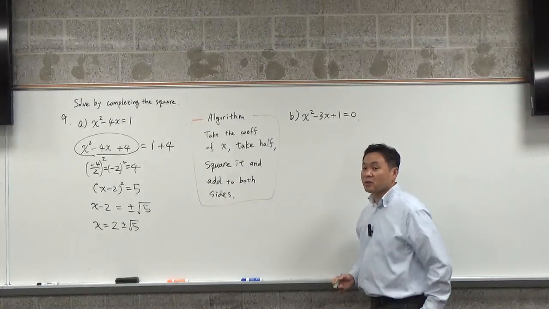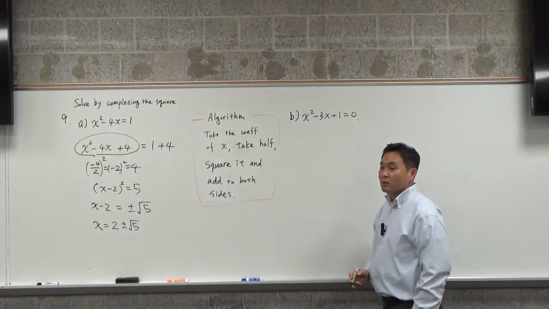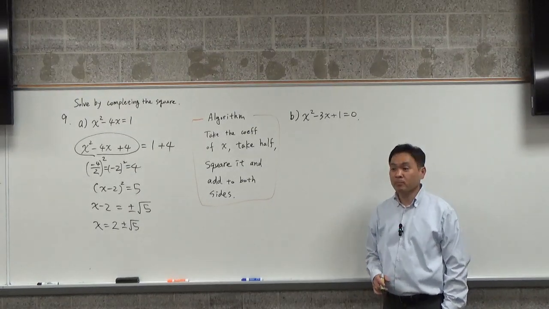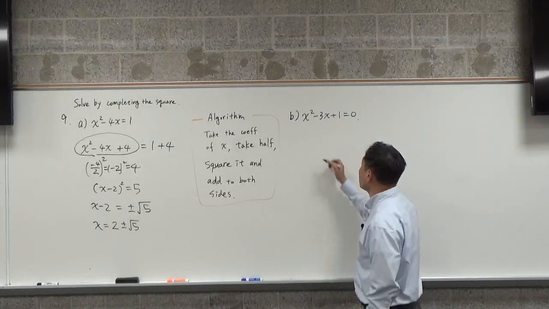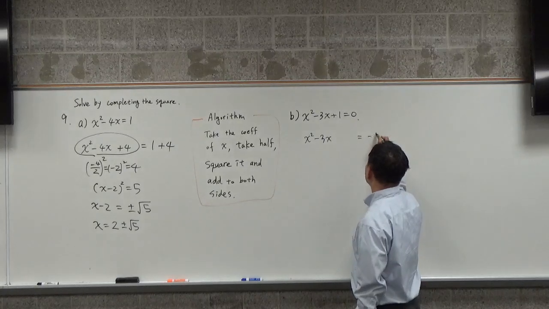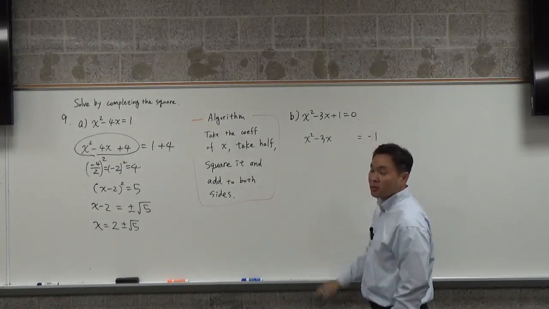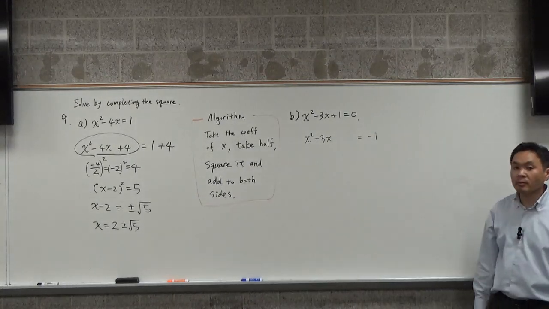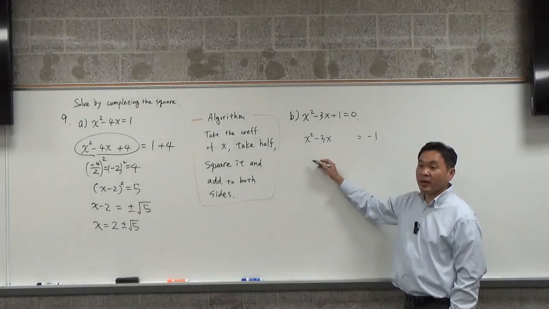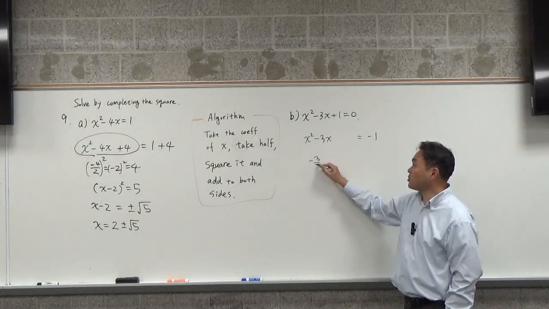Let's try to do the second question. What's the first step? Yep. Subtract the 1, yes. So 1 goes to the other side as -1. Again, the same story. You take -3, take half, meaning you divide it by 2.